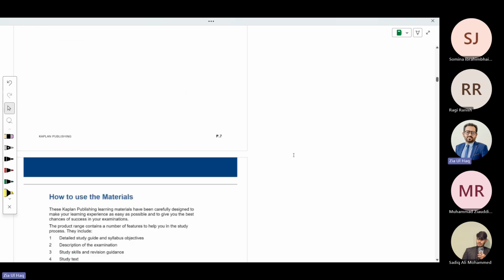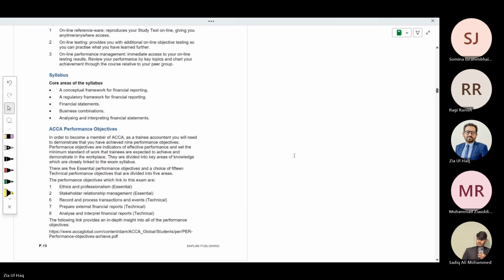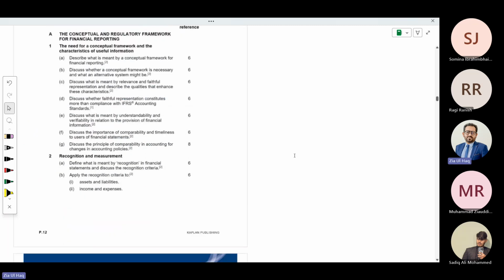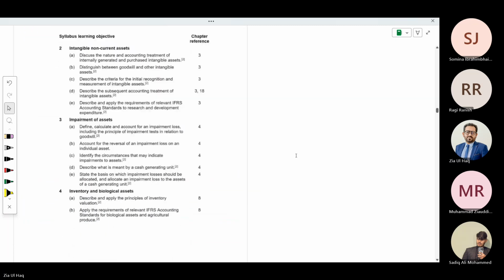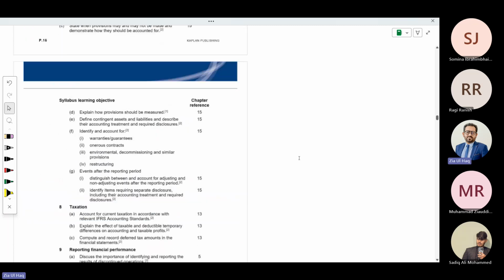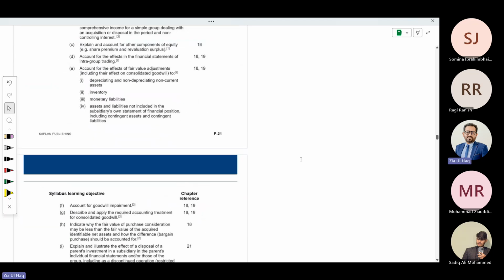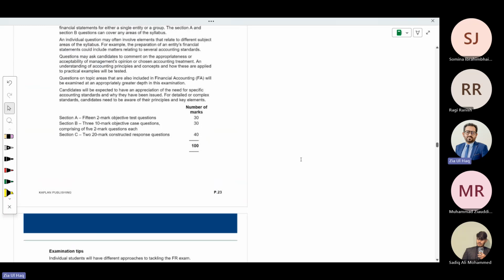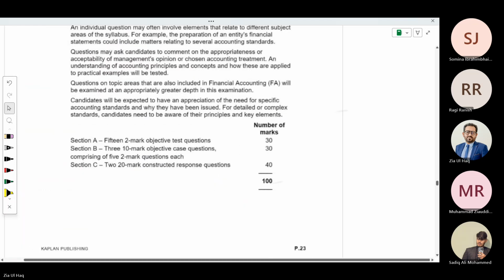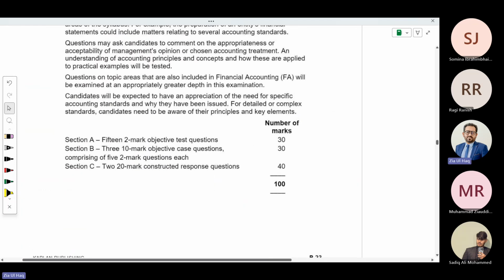How will the exam paper look? As with any other ACCA exam, this paper is also of 100 marks, and out of 100 marks, you need to achieve 50 passing marks. In the exam paper, there will be three sections.